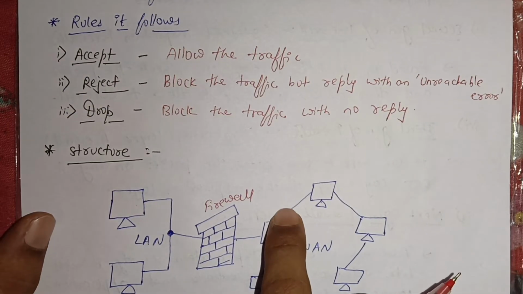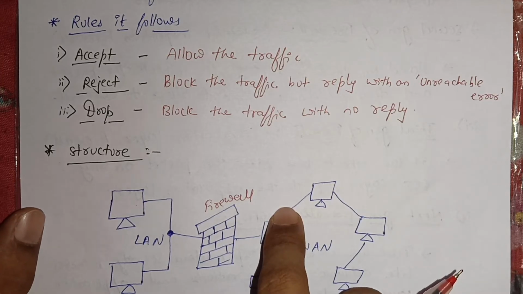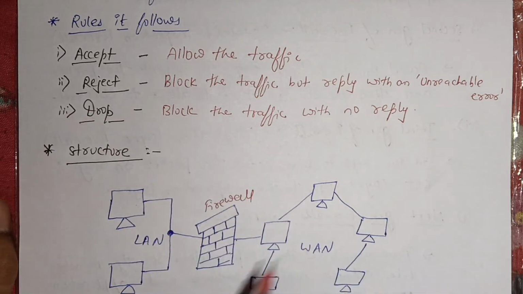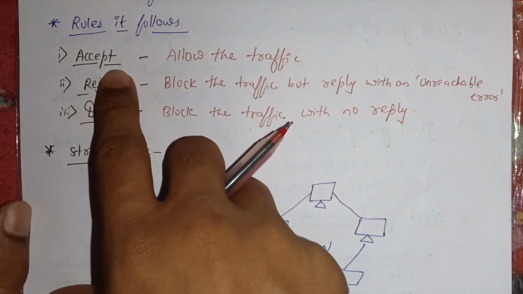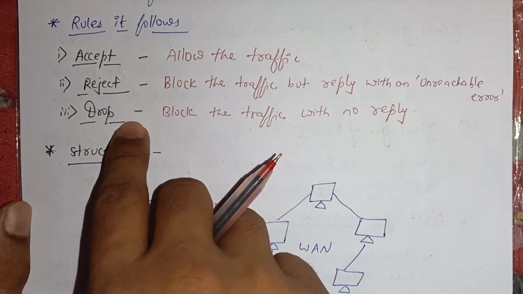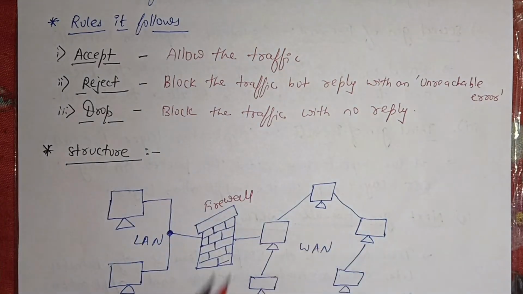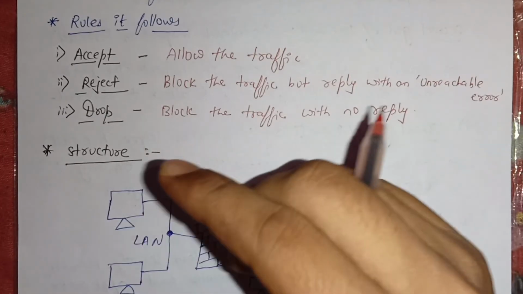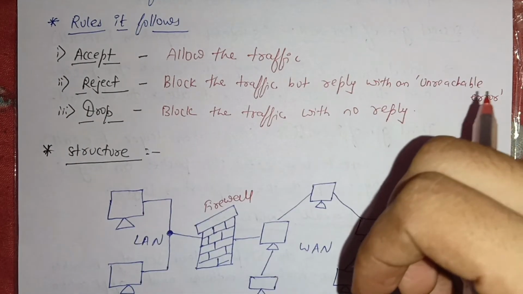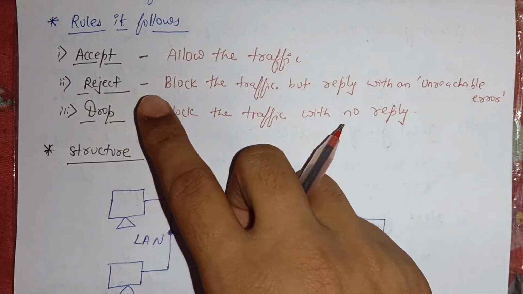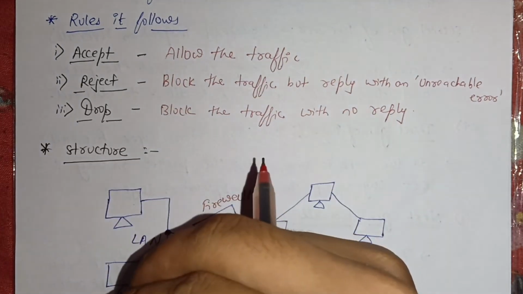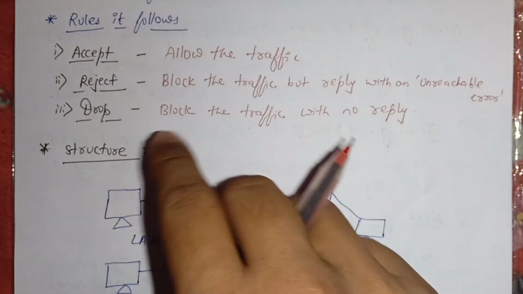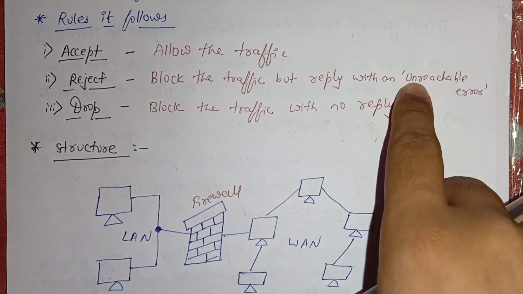So there are certain rules that a firewall follows, and based on those rules, it allows the traffic or denies the traffic. First one is accept, second one is reject, and third one is drop. So what is accept? When any traffic is coming to the boundary of the firewall, it accepts all the traffic, it allows all the traffic. Second one is reject. When the traffic seems to be unauthorized access, it just replies with an unreachable error.